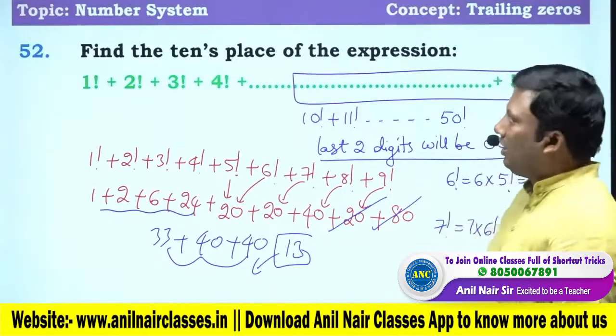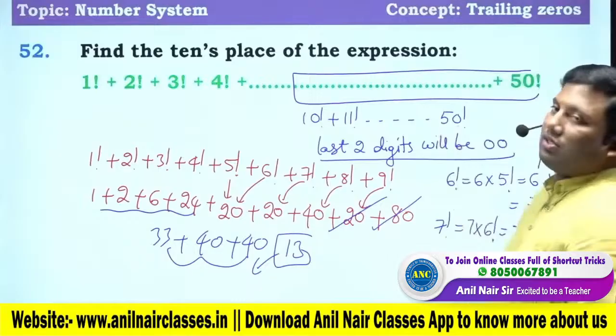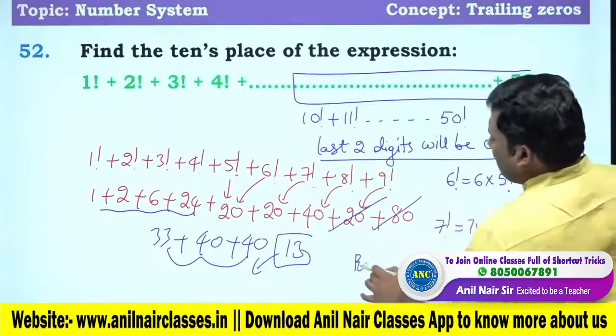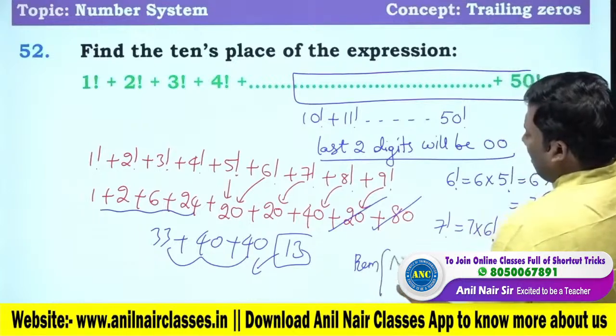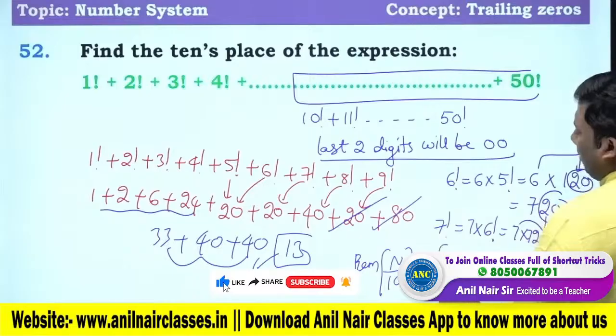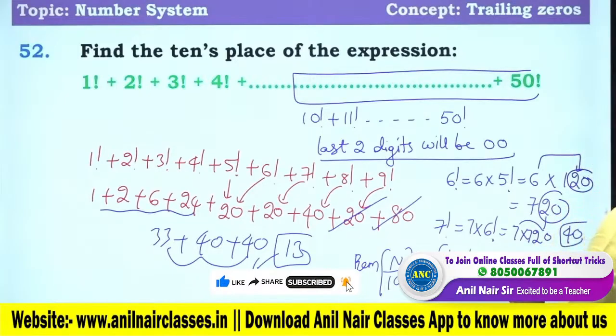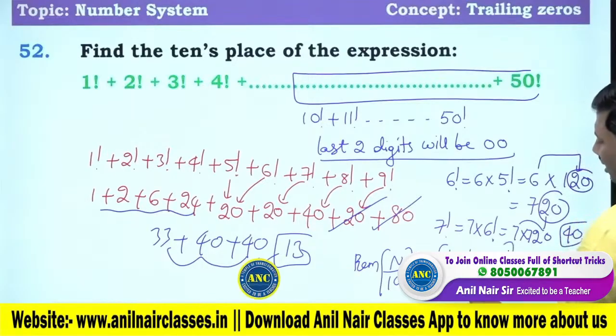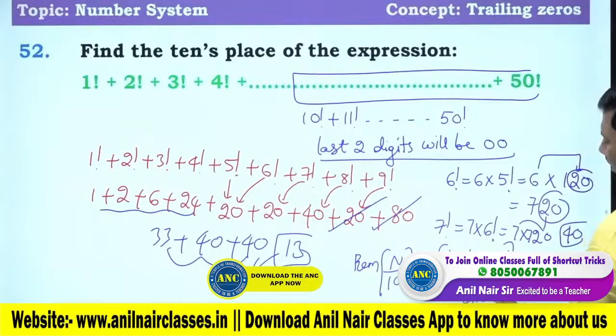Answer will be 13. Or the other way to look at this question is, if you want the tens place, divide this number by 100. So this will be 1 factorial plus 2 factorial and so on up to 9 factorial divided by 100. 100 is 4 into 25.